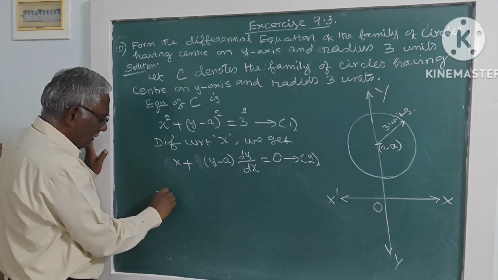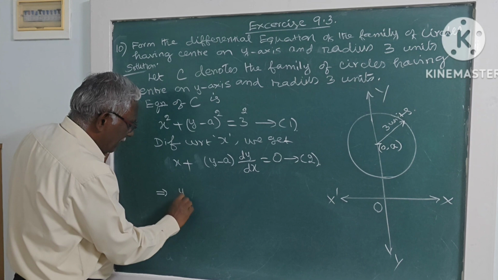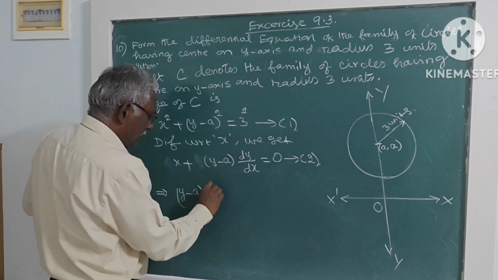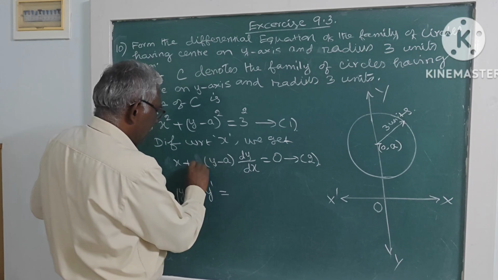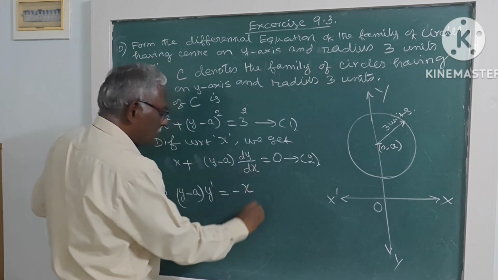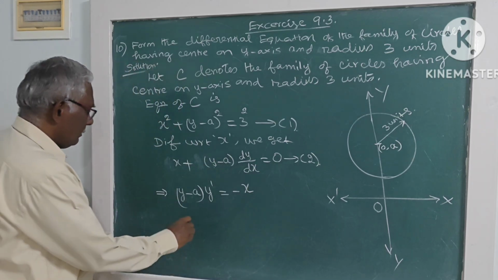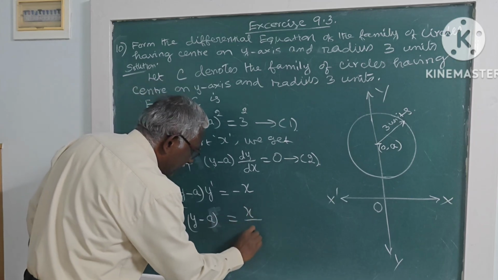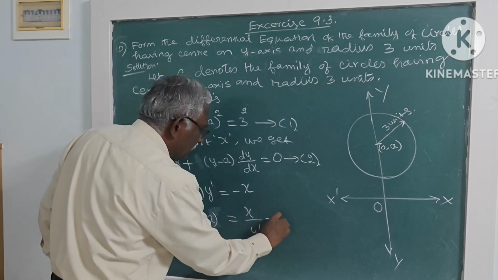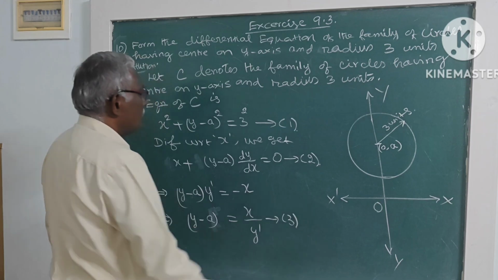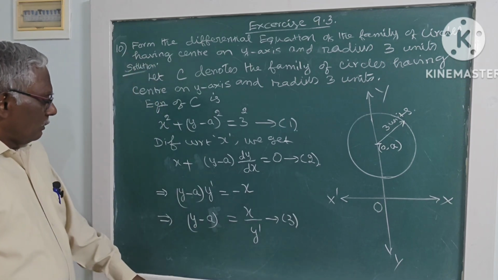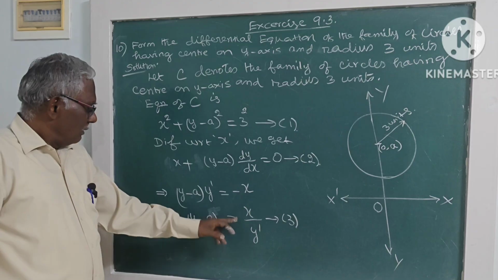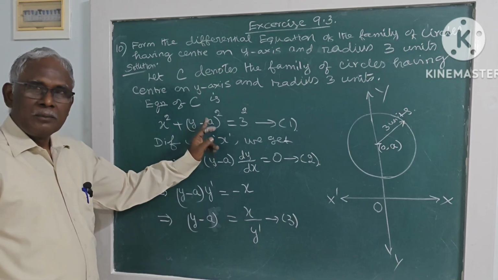So y minus a into y dash, so that is equal to minus x. Y minus a is x by y dash, with the sign. So now we'll substitute x by y dash for y minus a here.